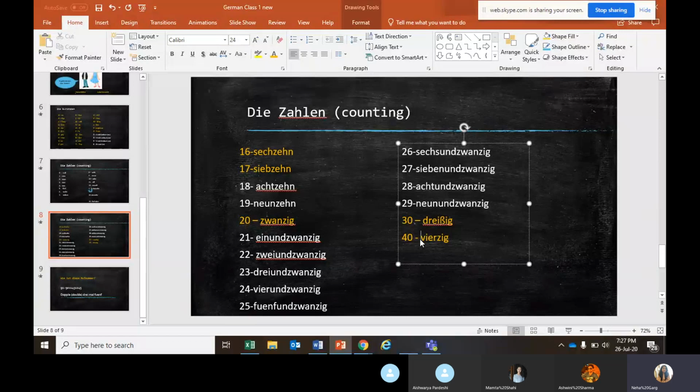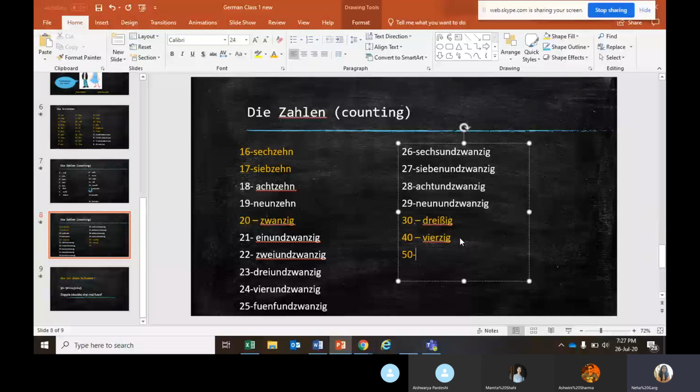Similarly for 40, we have vier plus zig, vierzig.